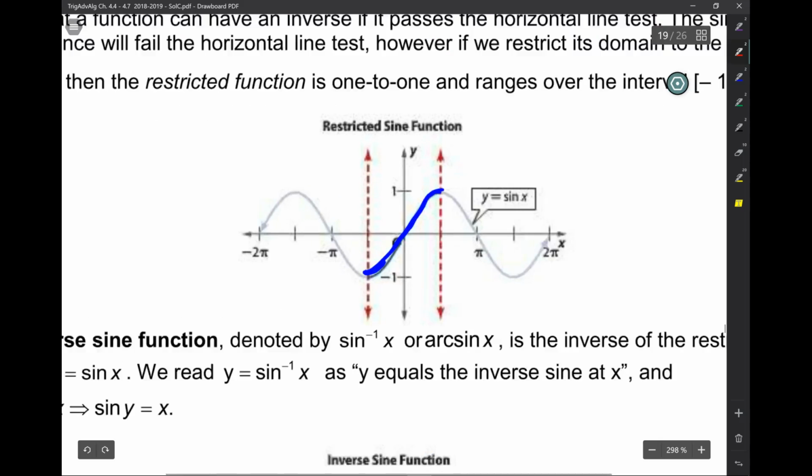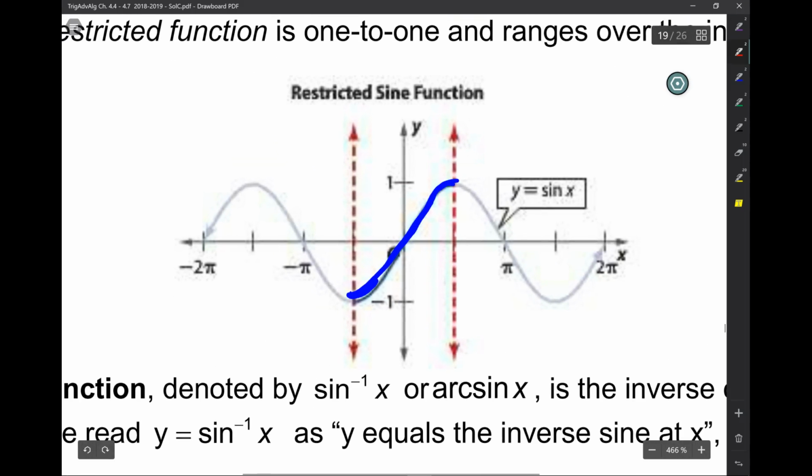Okay. Well, not me, but the sine function can have an inverse. So if we zoom in, what is the region that we're taking now? This is negative pi over 2 to pi over 2. So let's remind ourselves, what angles are there here?